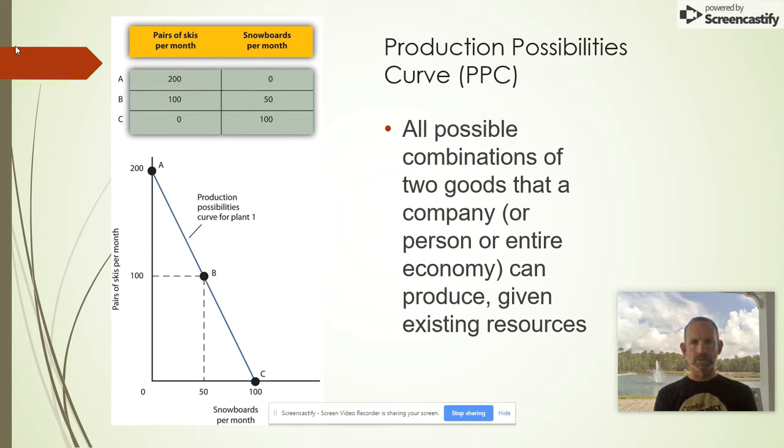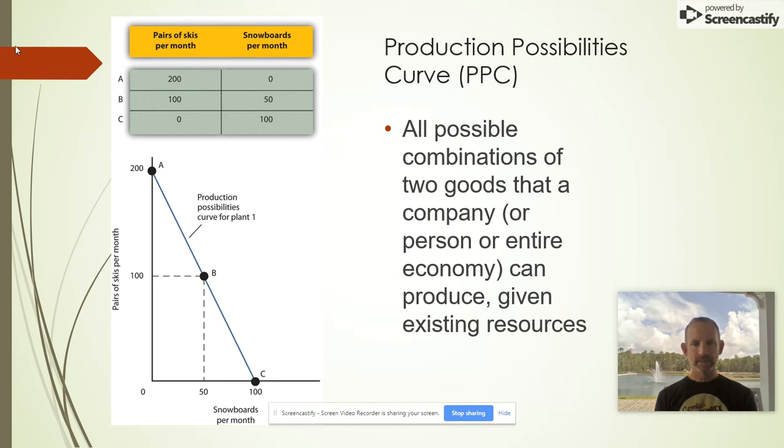So the example on the screen is right out of your book. It's a company that produces both skis and snowboards. And given their existing factors of production, here are all the possible combinations that they can produce. So a point like point A up there shows you that this business has decided to use all of their factors of production to produce skis. And if they do that, they can make 200 pairs of skis, and then they are therefore making 0 snowboards.